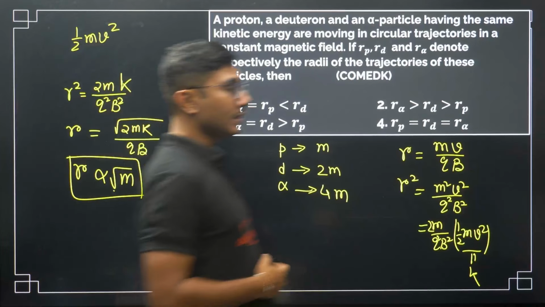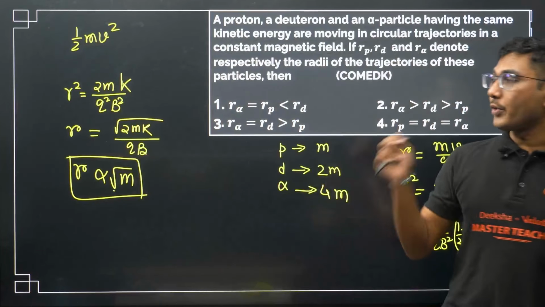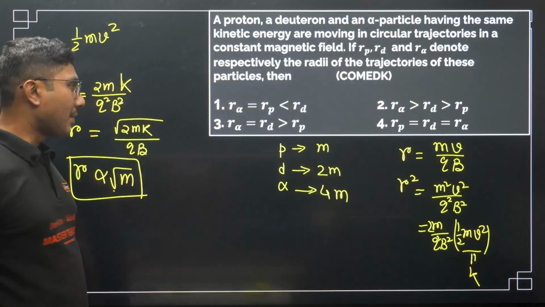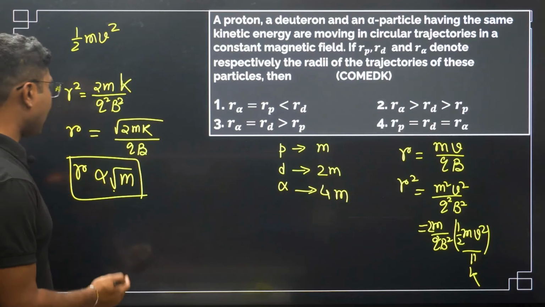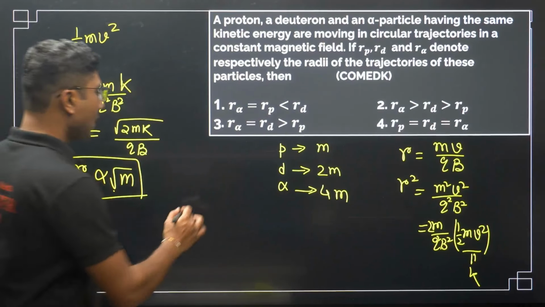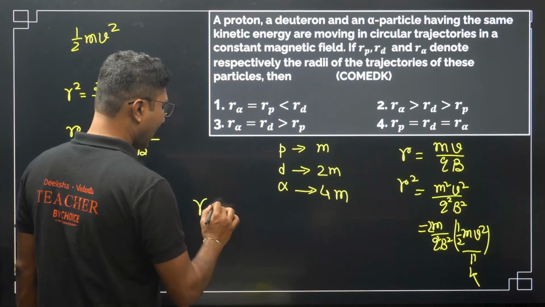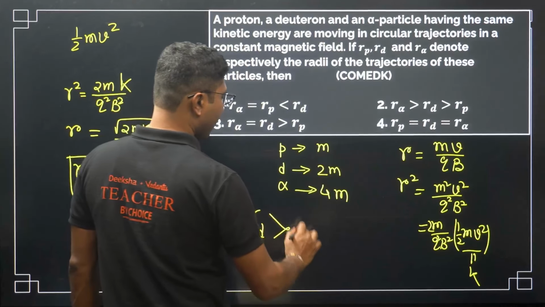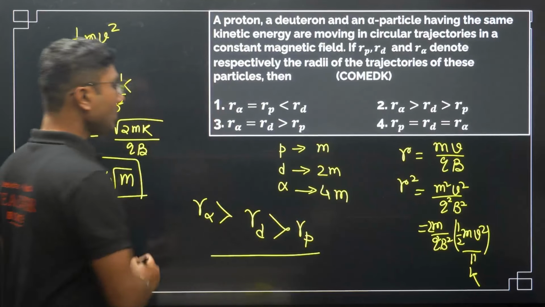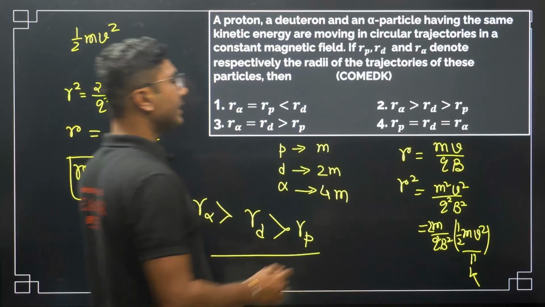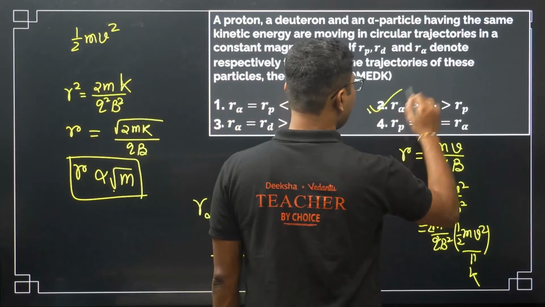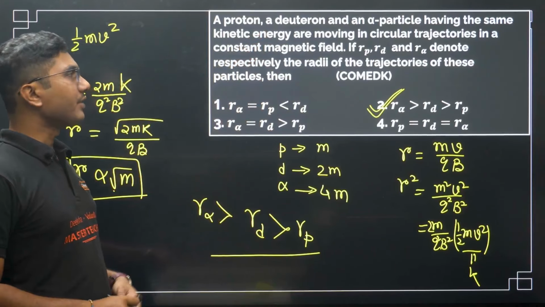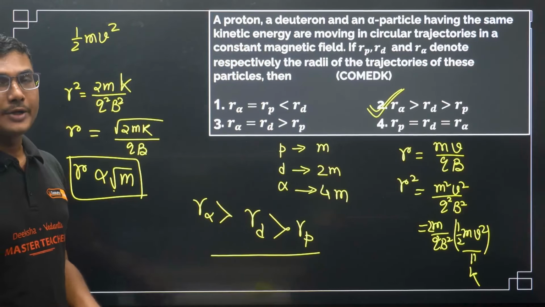Sorry, not inversely proportional. Definitely higher mass means higher radius. So alpha particle will definitely have greater radius than that of deuterium and that of the proton. So the correct relationship is R alpha is greater than Rd greater than Rp. Clear? They have tried to make the question slightly difficult, and this question came in the KCET exam.